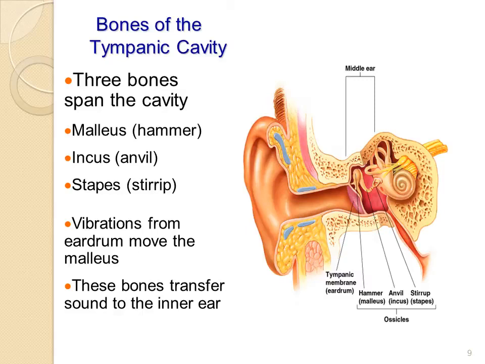Vibration from the eardrum moves the malleus. After the sound is collected in the pinna and auditory canal, it reaches the tympanic membrane or eardrum, and the vibration of the eardrum moves the malleus inside the middle ear. After this, the three bones transfer the sound to the inner ear.